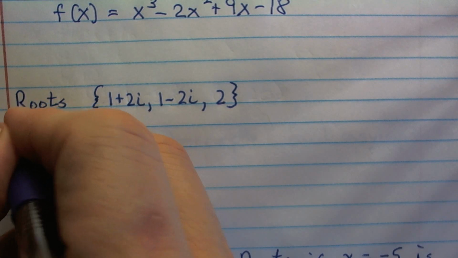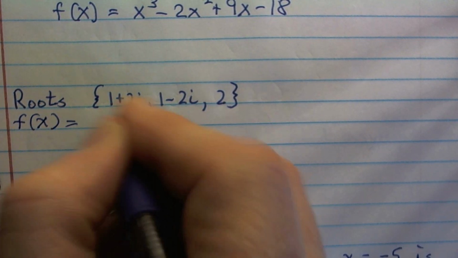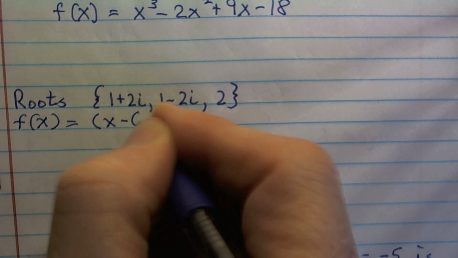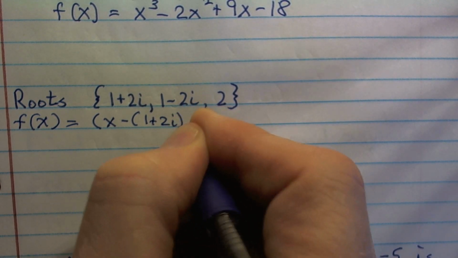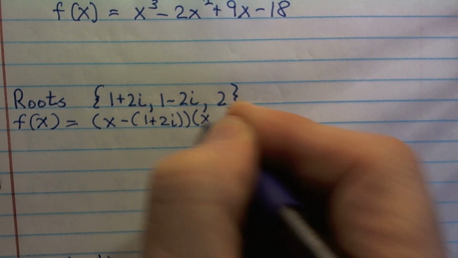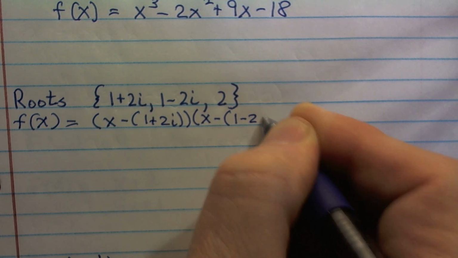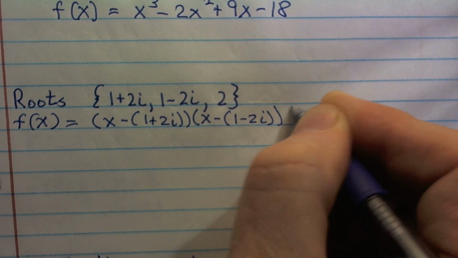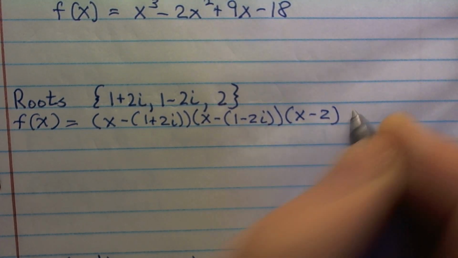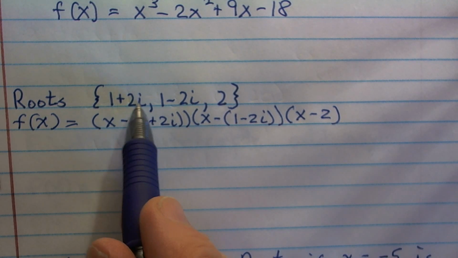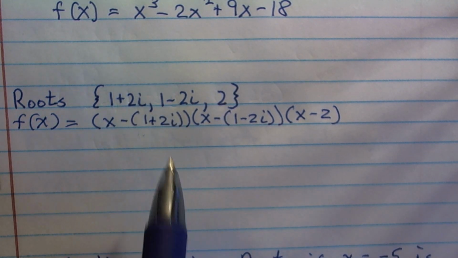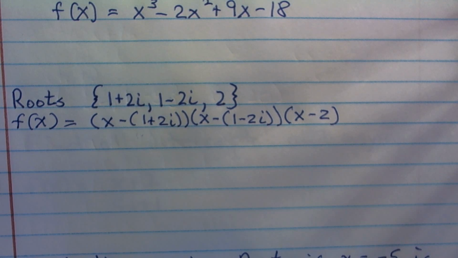We've got x minus 1 plus 2i and x minus 1 minus 2i, and then x minus 2. See? I knew these were roots, so x minus each one of them, that's a factor.